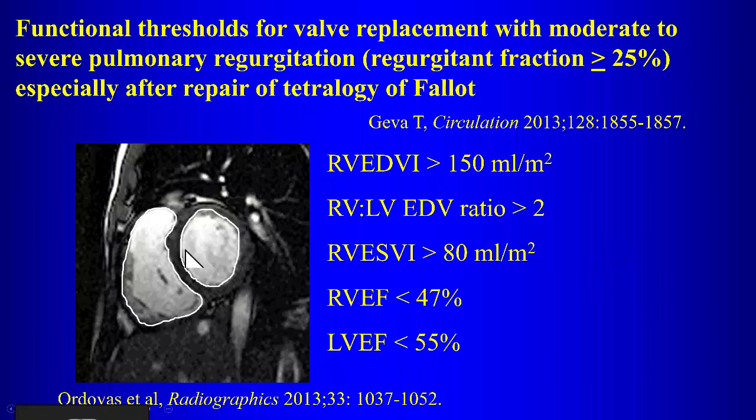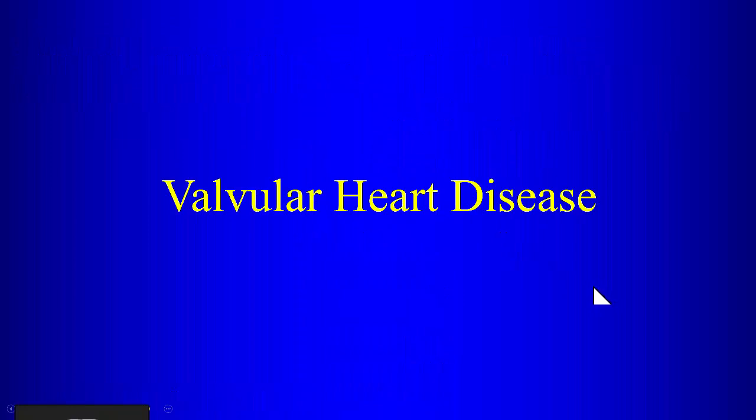So if their right ventricular volume starts to dilate, if the pulmonary regurg gets bad, if the right ventricular ejection fraction goes down, then it's time to intervene in those patients who are being followed after surgery for tetralogy of Fallot.